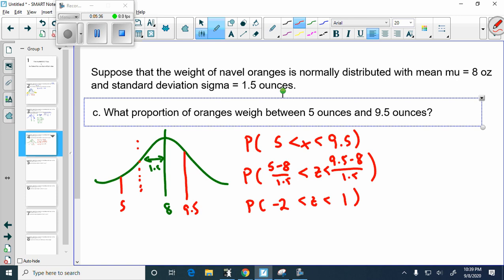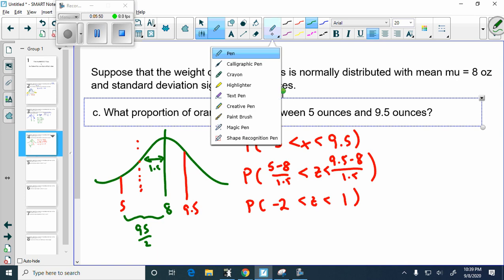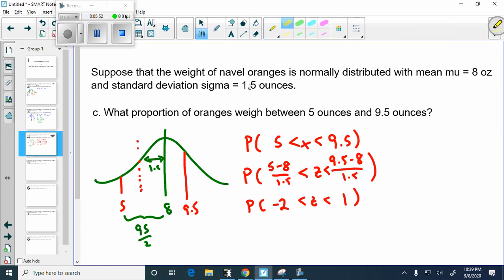If I think about this a little bit, I know that this distance is half of 95, right? Because if it was all of 95, it would include both sides. If I went 2 standard deviations here and again here, I would end up with 95%. I only want half of that. And likewise, this region is half of the 68%.